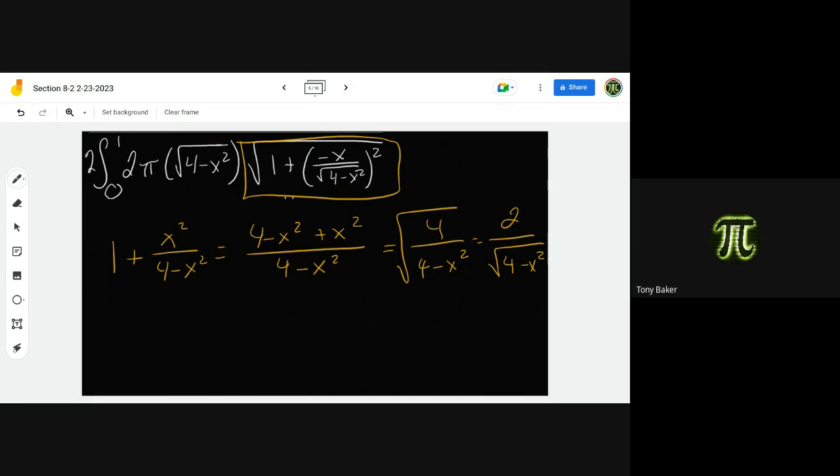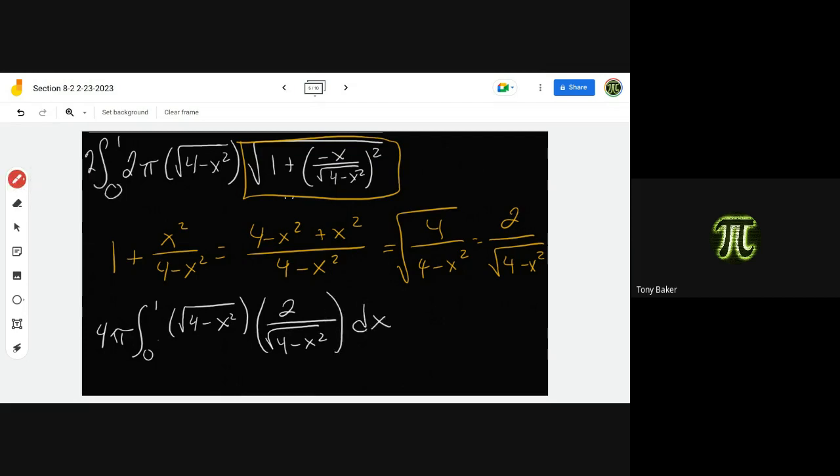So I'm going to pull out the 2 pi, so I have 4 pi, times the square root of 4 minus x squared times 2 over the square root of 4 minus x squared, dx. These two things right here cancel completely out.